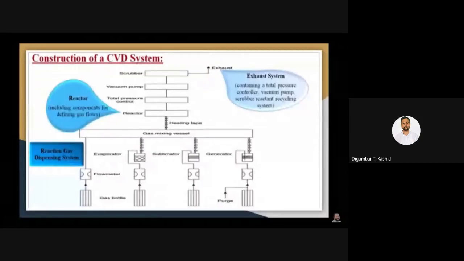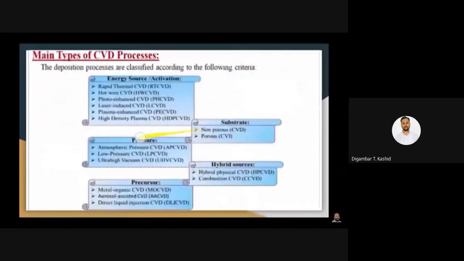Now let us move to the next point, that is, we are going to discuss the different types of CVD process. So what are those? These CVD deposition processes are classified according to the following criteria.